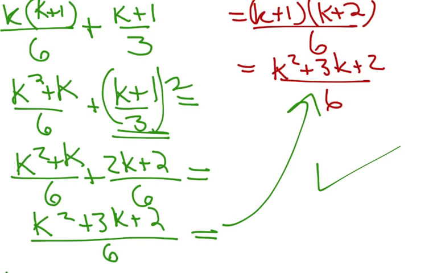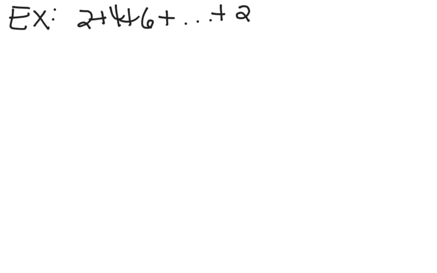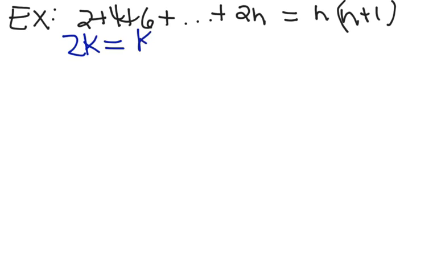I'll do this one more time. How about I prove that 2 plus 4 plus 6 plus ... plus 2n is equal to n times n plus 1. So the first thing that I'm going to do is I'm going to say the sum up to 2k is equal to k times k plus 1. That is true.